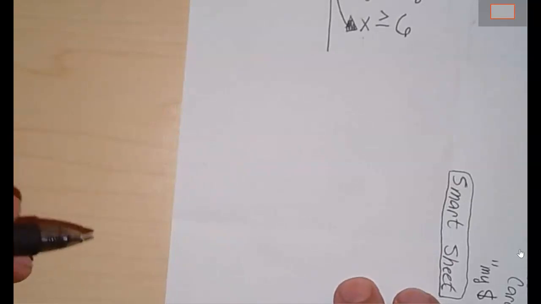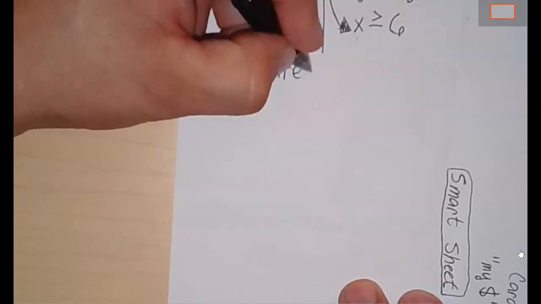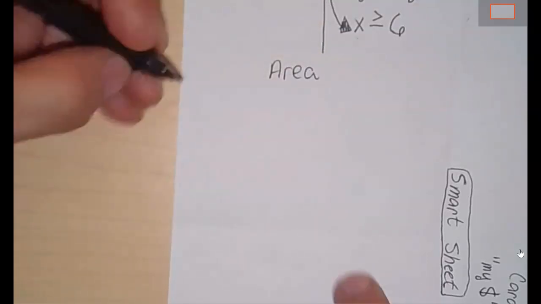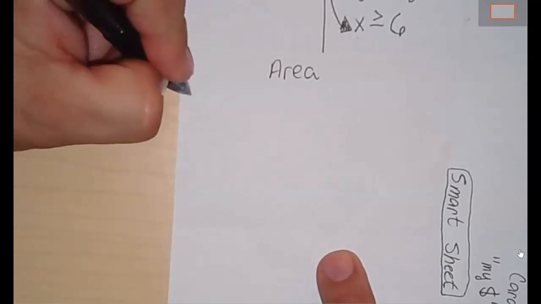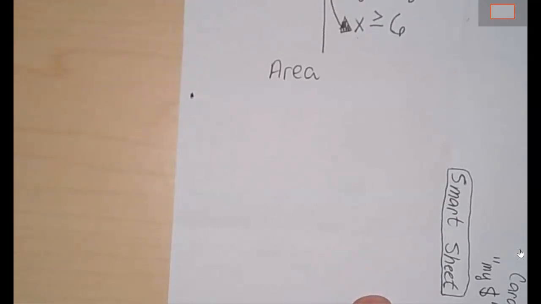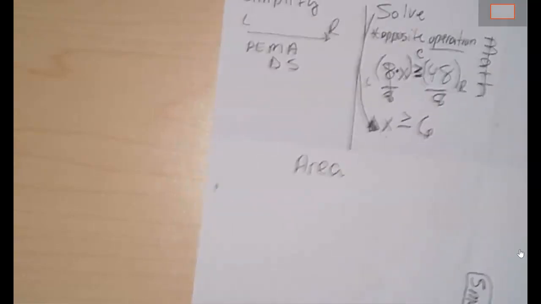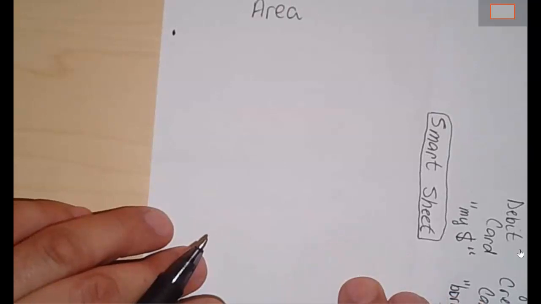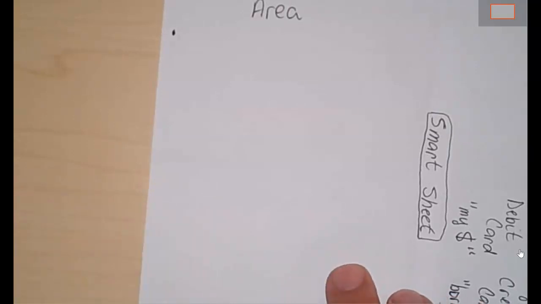Let's cover area. Alright, so we're going to have 3 things to keep in mind. Again, it looks like a writing, you guys got this, and this one, you have it. It's just a little reminder. Check this out.